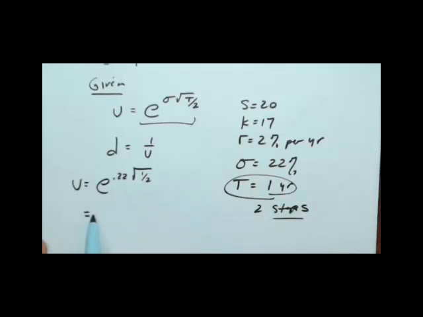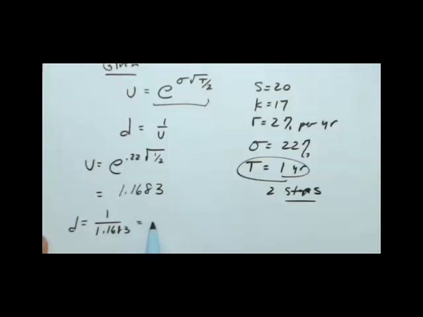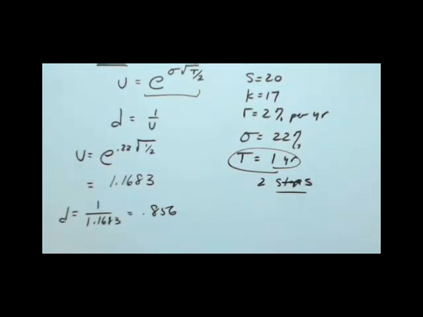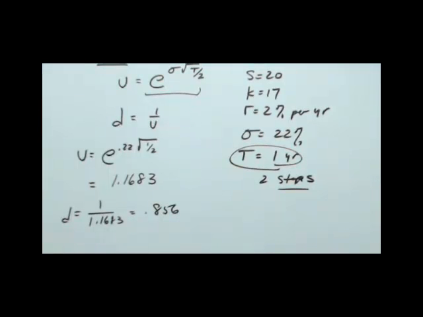When we calculate this, it comes out to be 1.1683. And then 1 over 1.1683, this is D, by the way, equals 0.856.